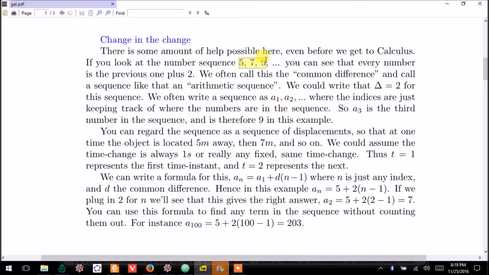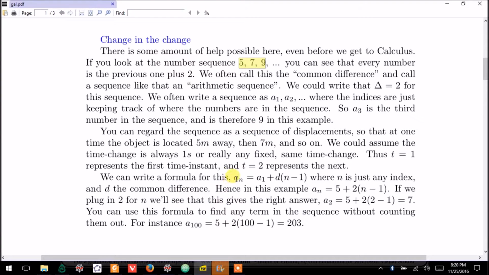If we had the arithmetic sequence 5, 7, 9, where everything is just changing by 2 and 2 and so on, we could view this as an object being located 5 meters away, and then 7, and then 9, and so on, so that this is like a constant velocity motion. Maybe we're taking the time change to be 2, or whatever we want. We could adjust appropriately, but this seems to be a good analogy for constant velocity.